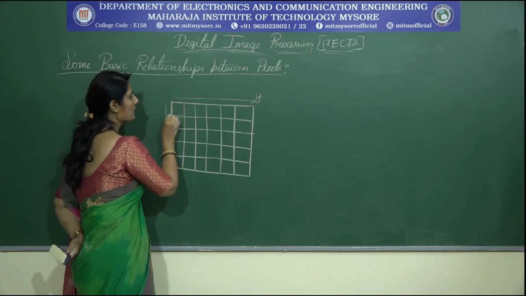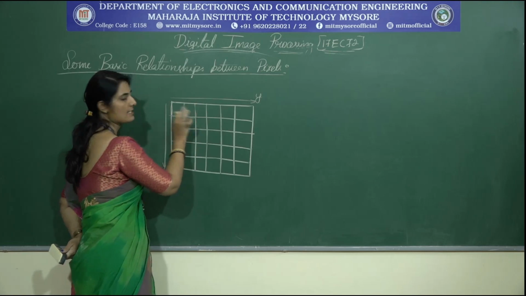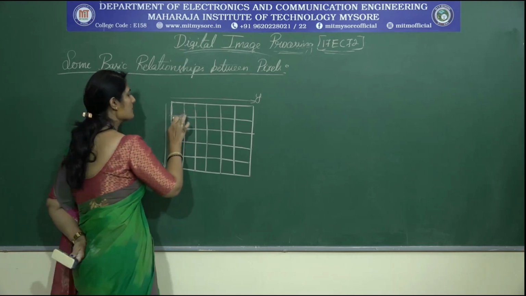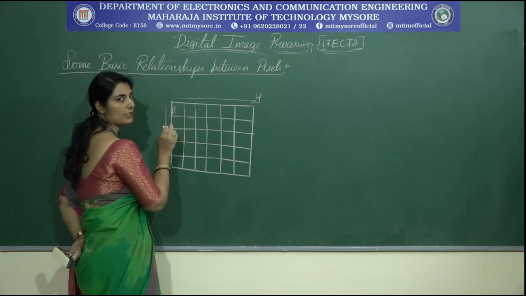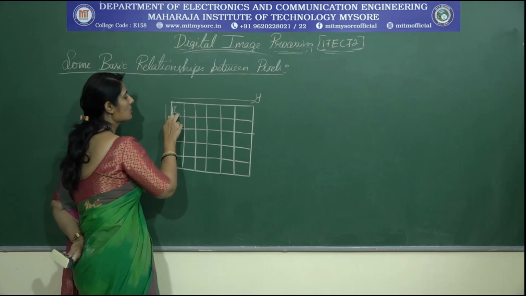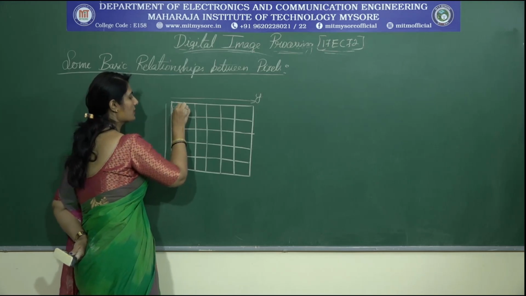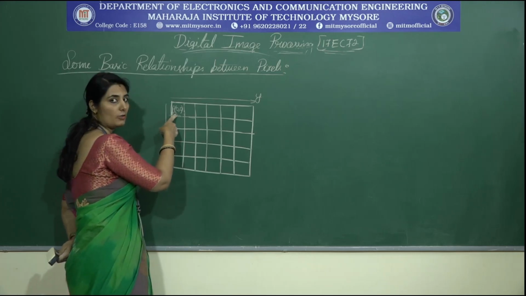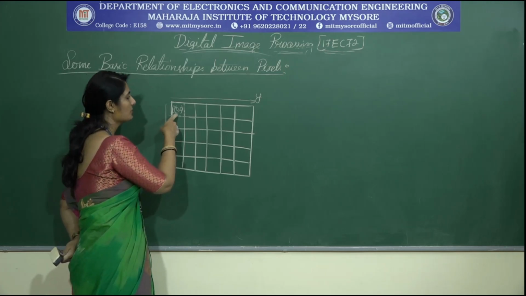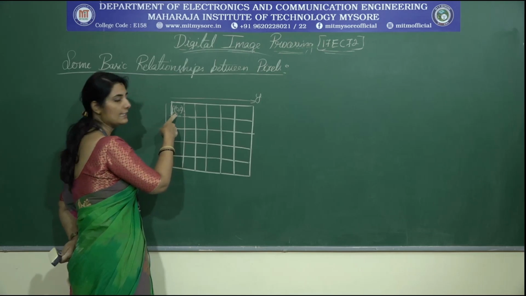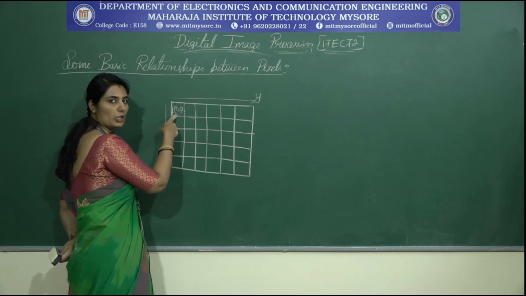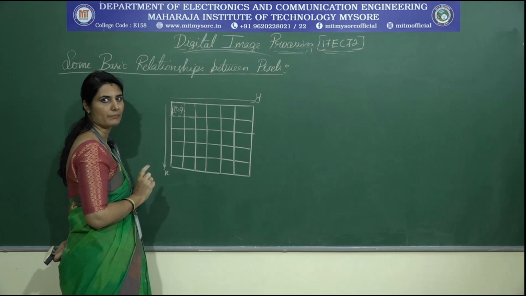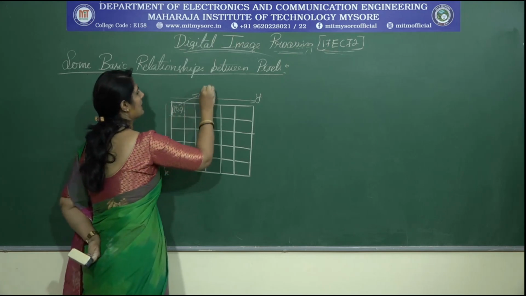Each box here represents a pixel. Each pixel has a particular location, and the location of this first pixel is first row, first column, so 0, 0. The value of this pixel is nothing but the intensity level at this particular point in the image.